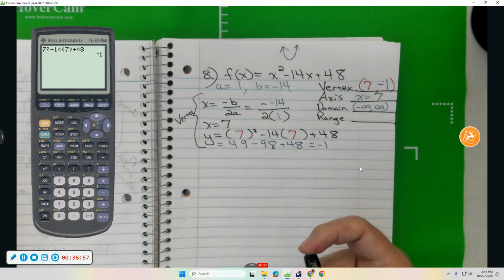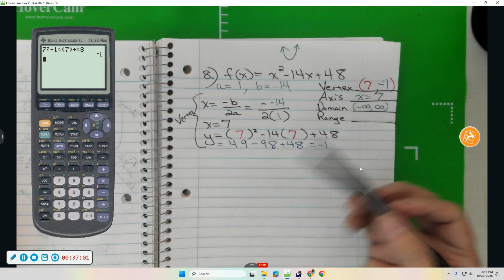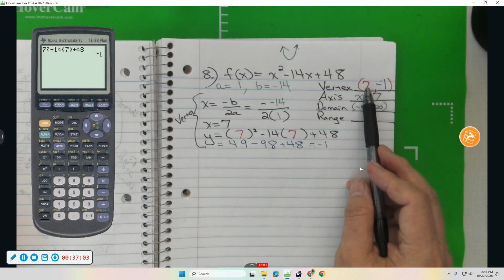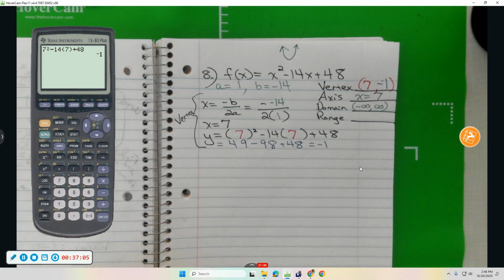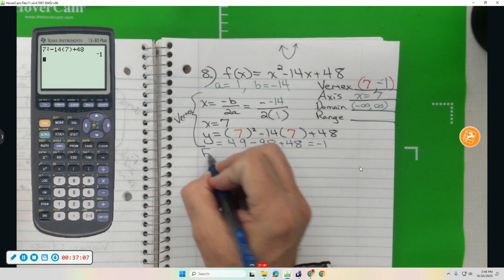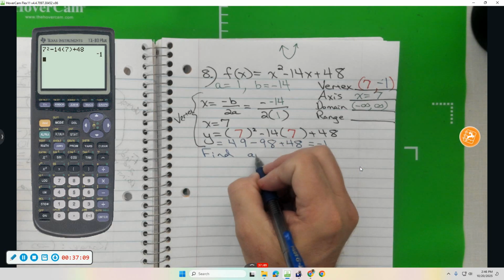I think I'll use a 5, unless y'all have a different opinion. I think 5's pretty easy to plug in. So here we are. We're going to find the second point.